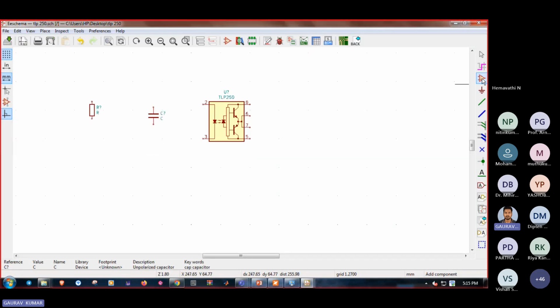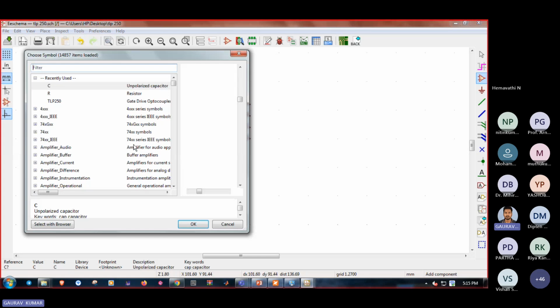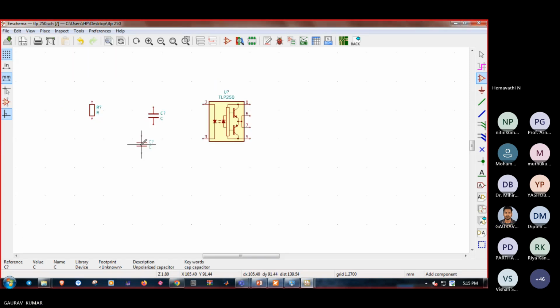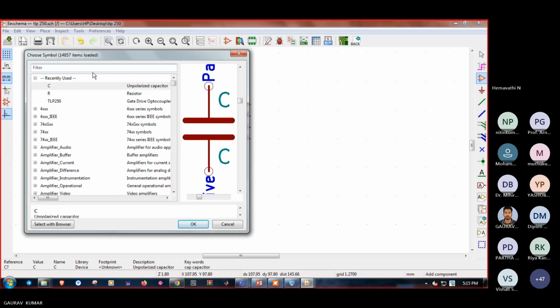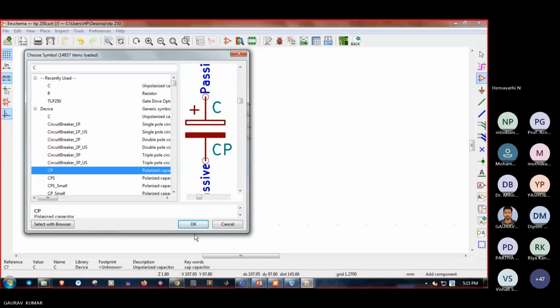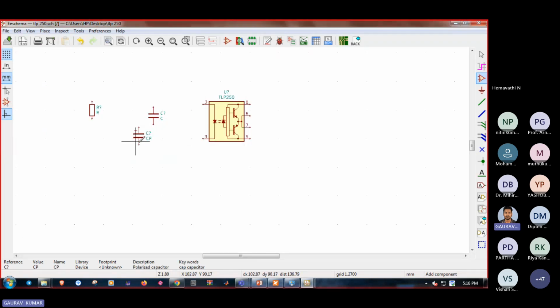Then again we go for the place symbol and take the unpolarized capacitor. Polarized capacitor is like an electrolytic capacitor, and the unpolarized capacitor is this capacitor.